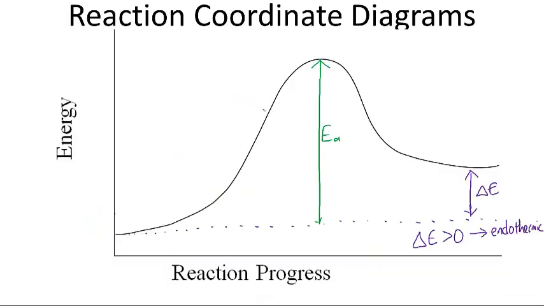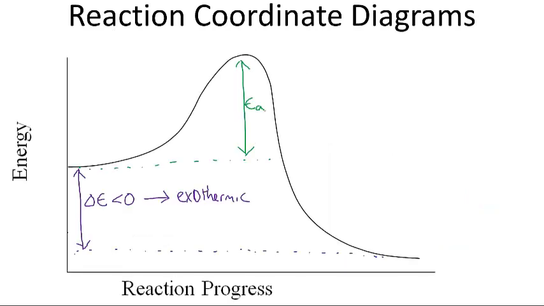Whereas in the first reaction, if you rolled a marble up the hill and it had enough energy to get over the hill, when it gets to the other side and rolls down, it's going to be going more slowly than it was before. So it's endothermic, so the temperature is going to go down. All right? So those diagrams are hugely important to us just as a way to visualize what's happening in terms of energy.